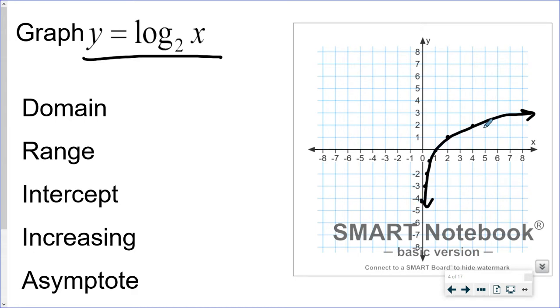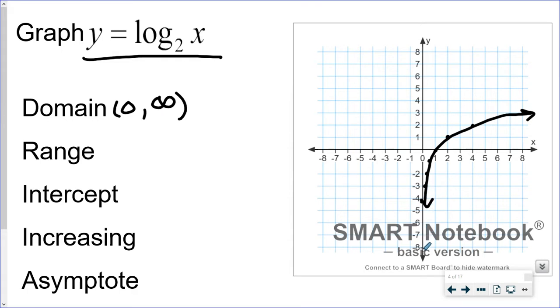All right, so if we talk about the attributes of this, we can consider this somewhat of a parent function, although the base, of course, can change. Just like with exponential functions, even with the base changing, it's going to be the same general shape and it's going to have these same general attributes. All right, so the domain here is going to be from 0 to infinity, not including 0.